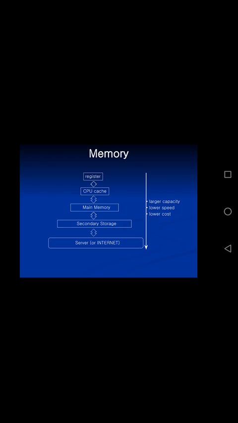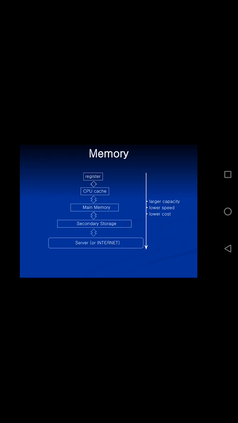Whenever the processor requires some data, it immediately verifies whether the data is present in registers.